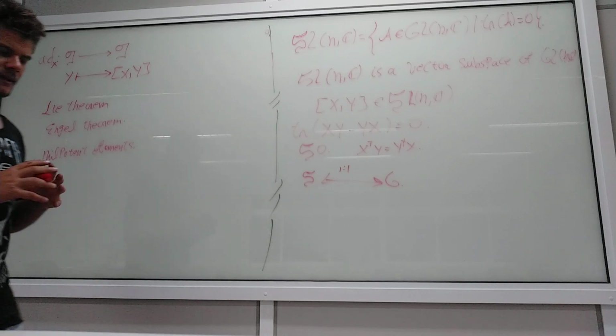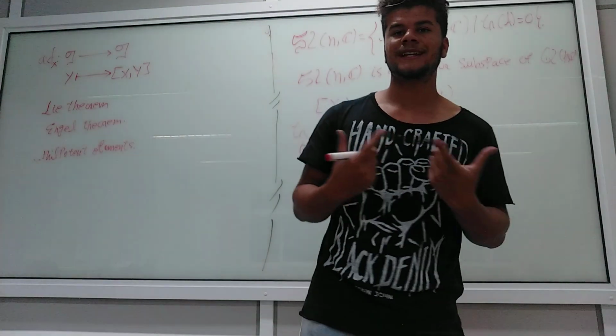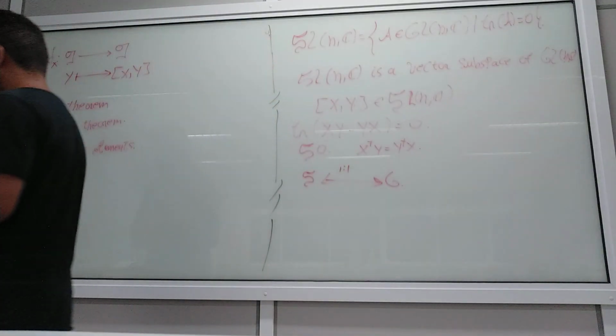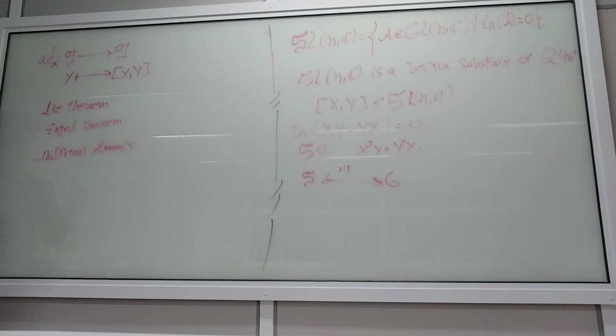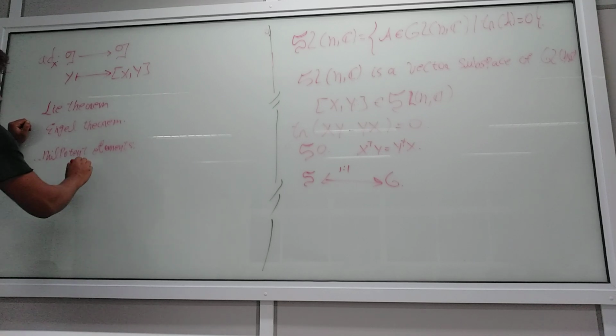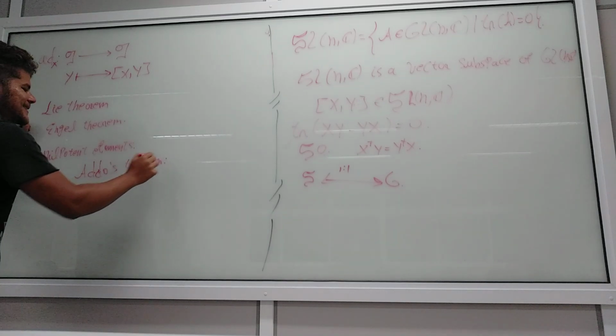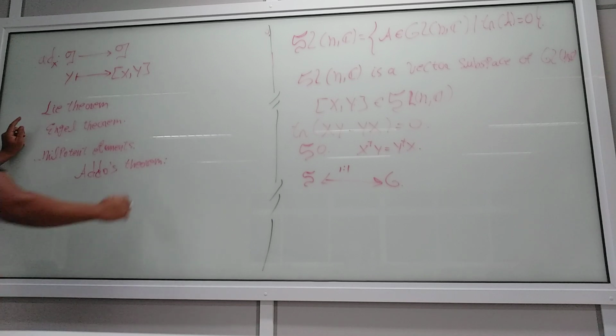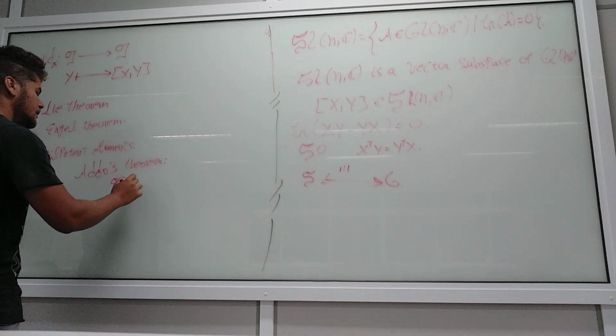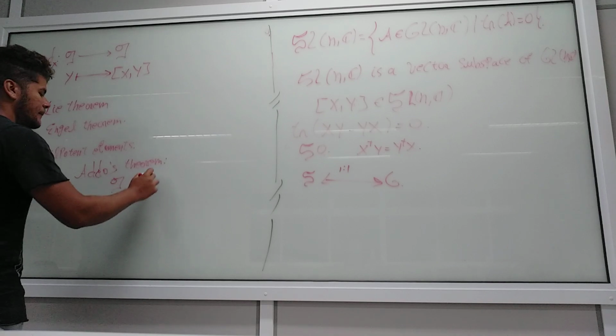In some sense, the study of Lie algebras is a generalization of the study of vector spaces, and there is a big theorem, I don't remember the name right now, Ado's theorem, which says that every Lie algebra is a subalgebra of a matrix algebra.